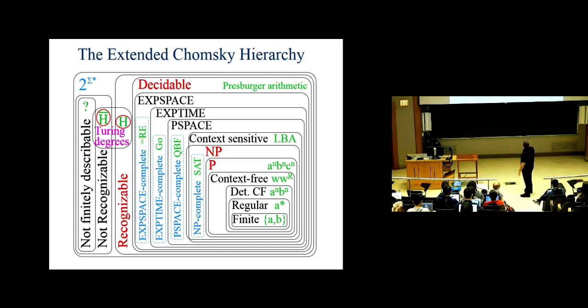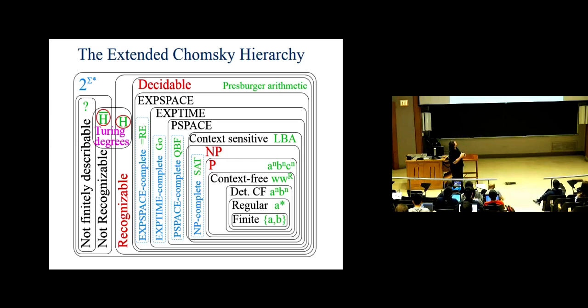But so far, we've covered this region here. And we're about to keep going up. And we've also covered a few languages that are outside that region. So for example, we covered a decidable language that's not necessarily polynomial time. We covered recognizable languages that are not necessarily decidable. So for example, a language that is recognizable but not decidable is what?